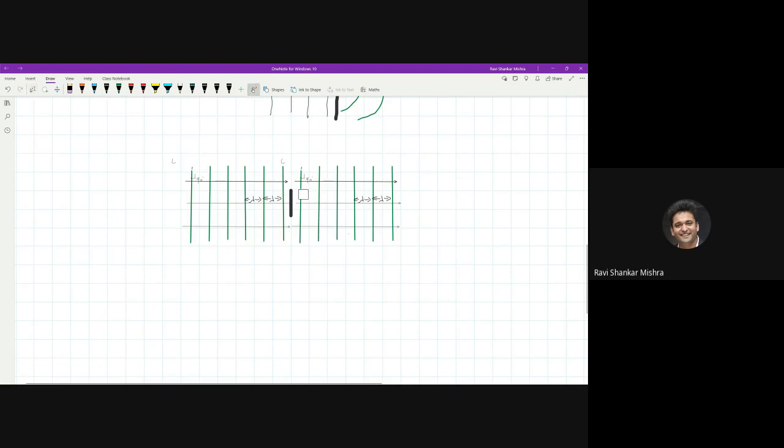But in this particular region where the hindrance is there, you need to create a cavity, and everywhere else it will go straight as it was going before.